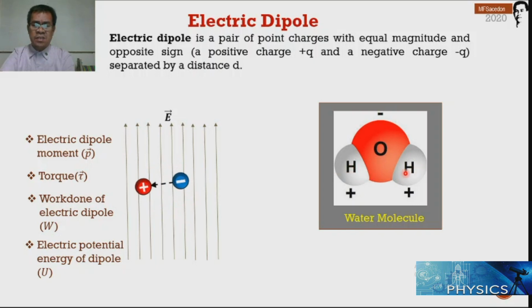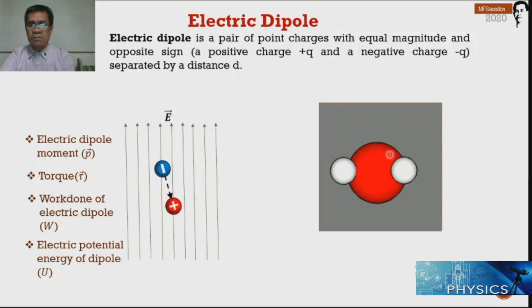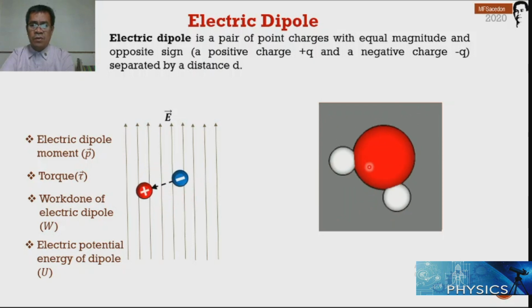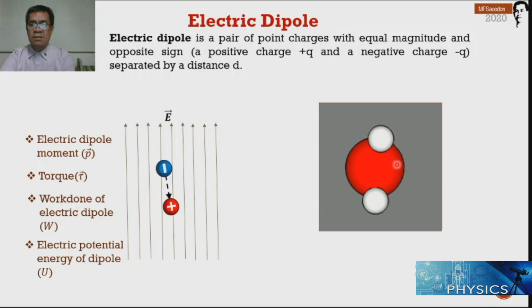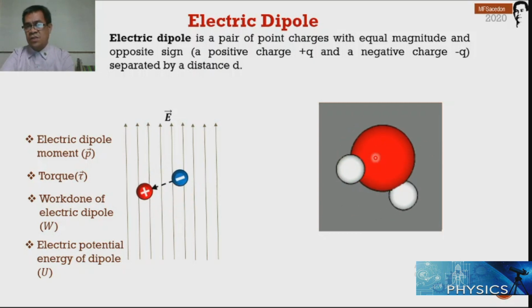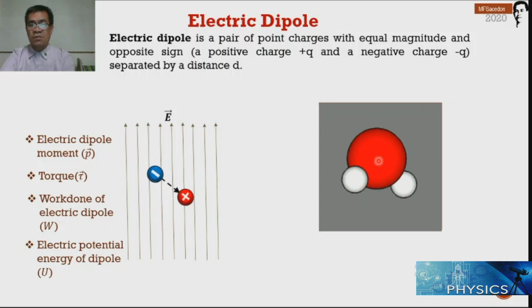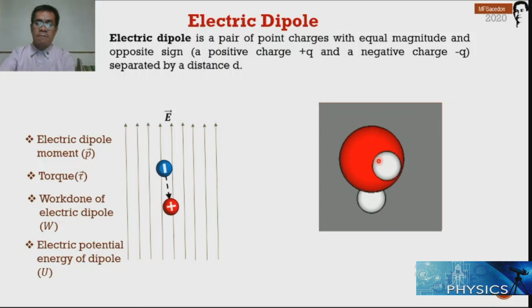The total hydrogen charge is the same as the charge on the oxygen. The oxygen is negative while the hydrogen is positively charged, and they are spaced at a distance d, which means that a water molecule in the presence of an electric field keeps on moving, rotating its axis. Oxygen will stay on the hydrogen because of the strength, which is the electric dipole moment.